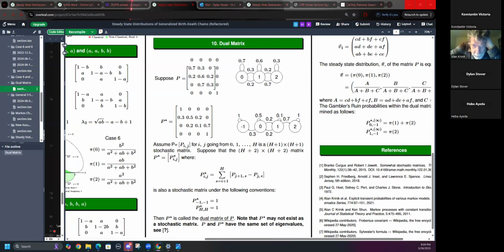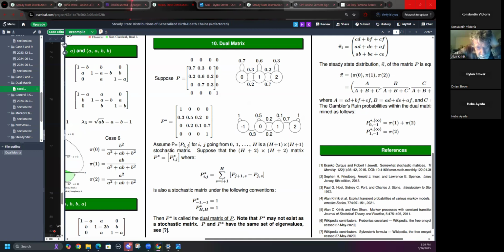Birth-death chains just go up by 1 or down by 1 or loop. You can't go up by 2 or more.